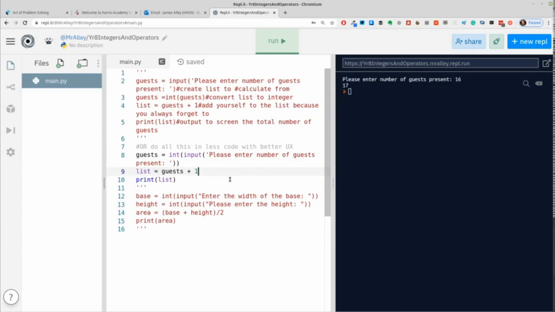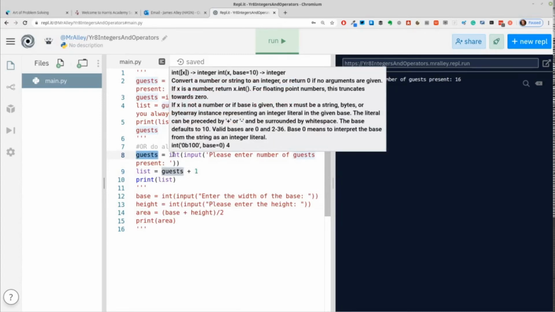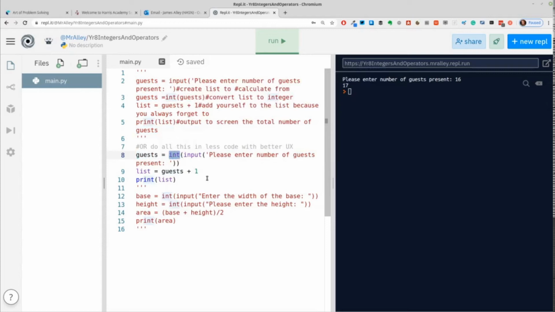So in this case, we're going to do the exact same thing we did up here, except we're going to do it with 25% less code. Superb. More efficient. And the way we're going to do that is that our guest variable is going to go in as an integer from the get-go.